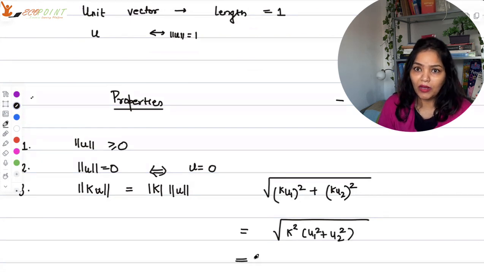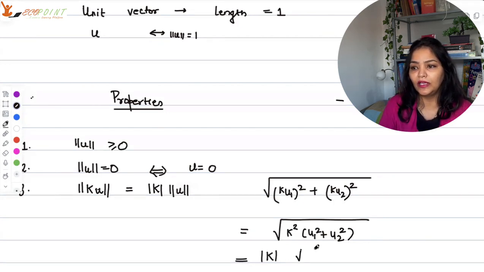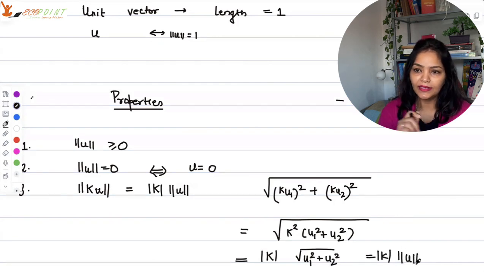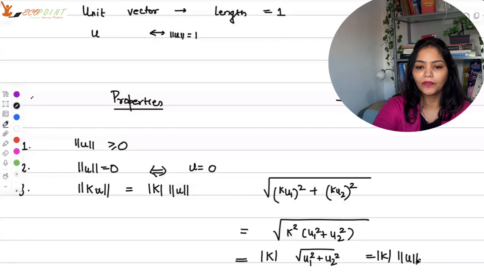So k can come out, but outside the square root. Of course, just the positive one will come out, right? So absolute value of k multiplied by the square root of u1 square plus u2 square, that is the absolute value of k times the norm of u. That is why this third property.